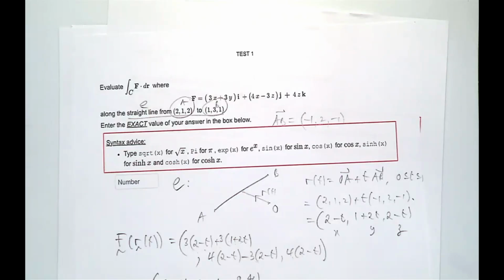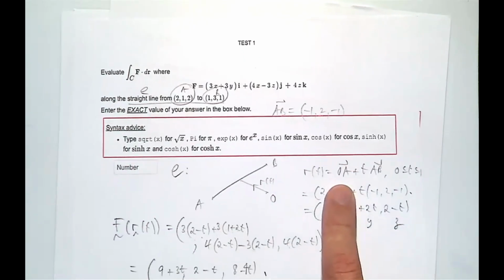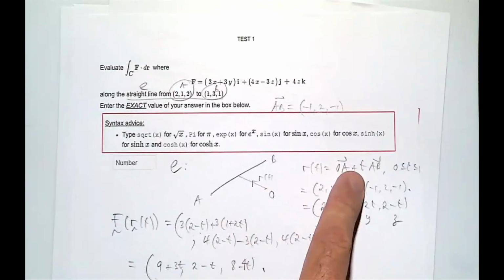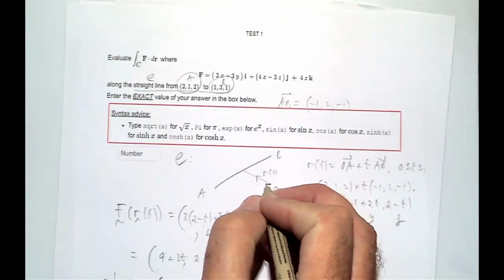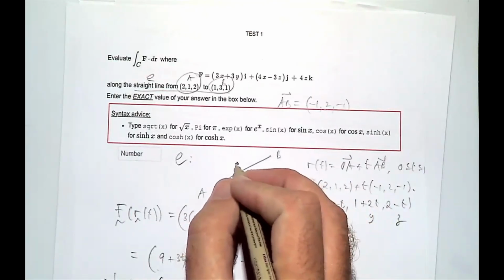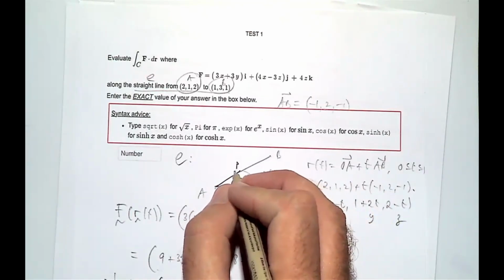So you've got the direction from A to B. The question is, how do I describe that little line segment, that little curve? I showed you in lectures last time. You go from here to here, and then you go from here to here.